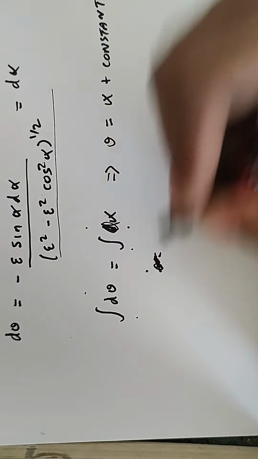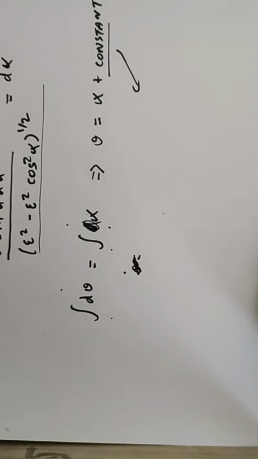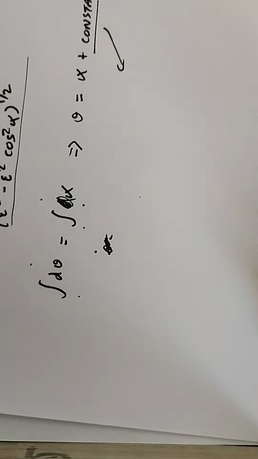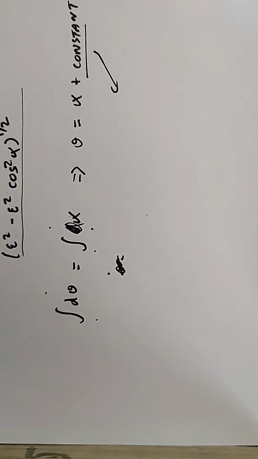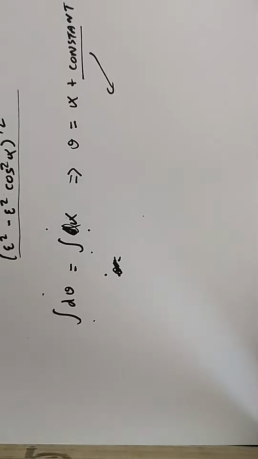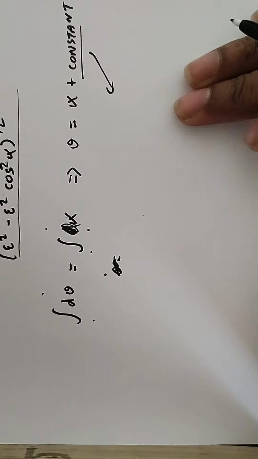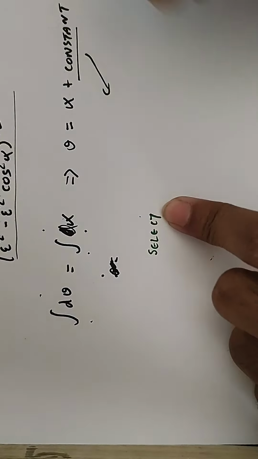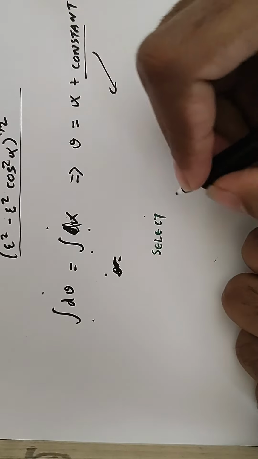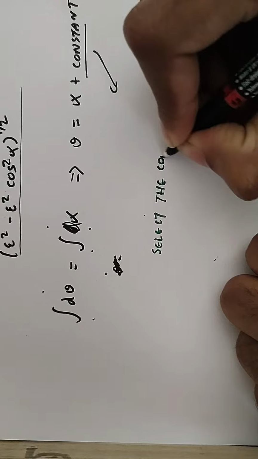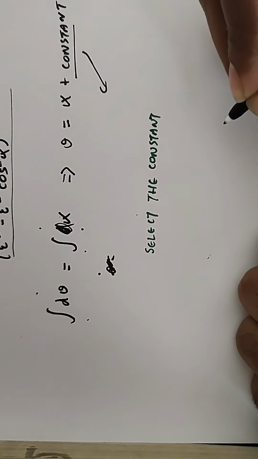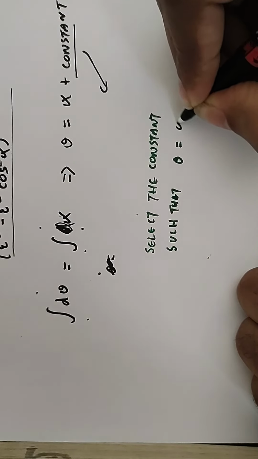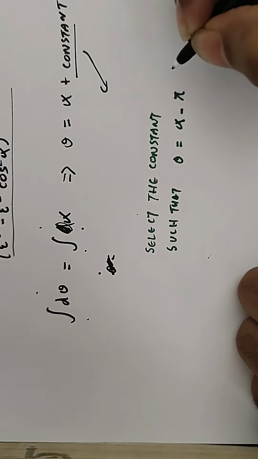Now I have to say a few words about the constant. The constant is in my hand. I can select whatever constant I want as long as it satisfies the ranges of that particular parent equation. So select the constant such that my theta is equal to alpha minus pi.